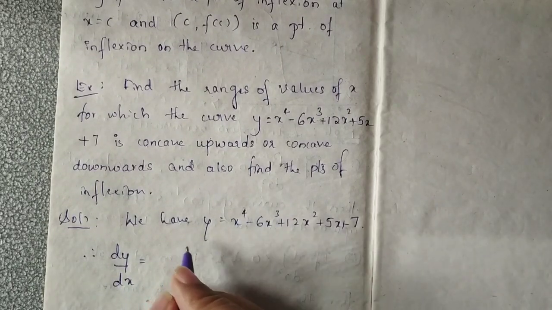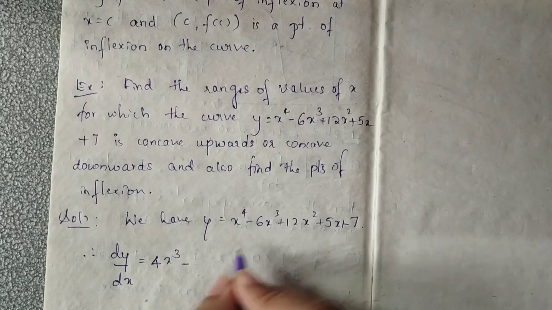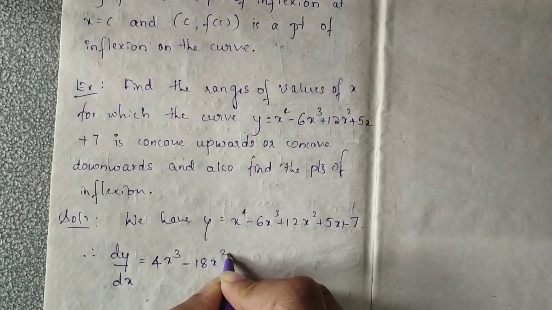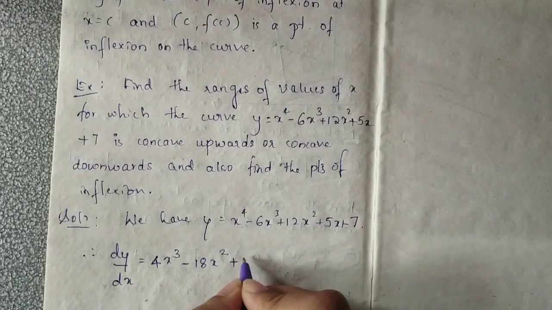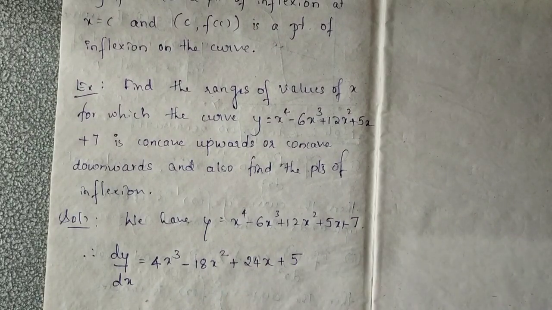So, derivative of x raised to 4 is 4x cube minus 18x square plus 24x plus 5.